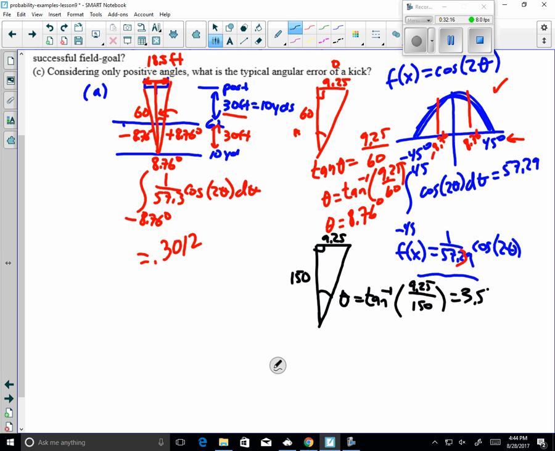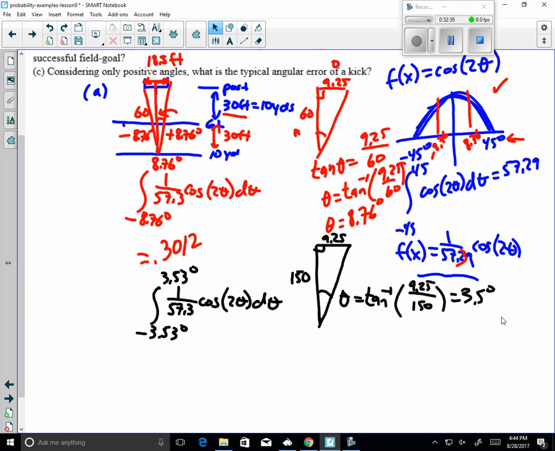And so the probability of that occurring would be the integral from negative 3.53 degrees to positive 3.53 degrees of that same PDF, 1 over 57.3 cosine 2 theta d theta.